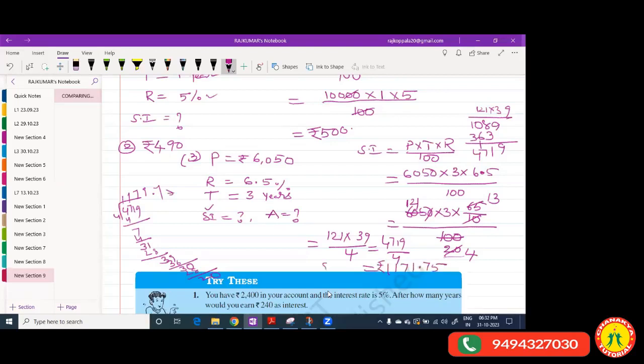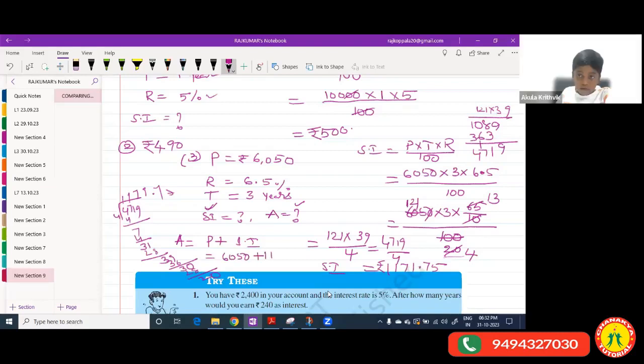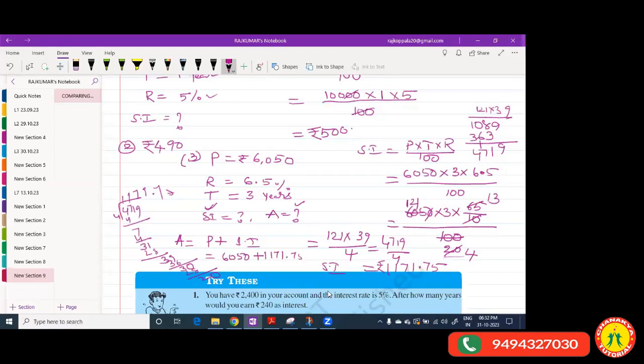This is the interest. Now amount is equal to, what is the formula? Principal amount plus interest. Principal amount 6,050 plus how much interest? 1,171.75.